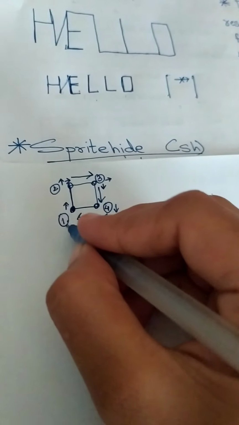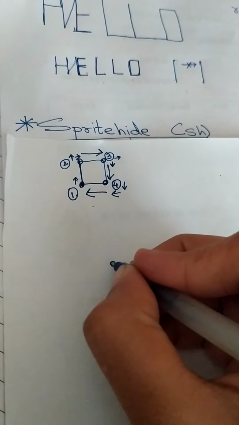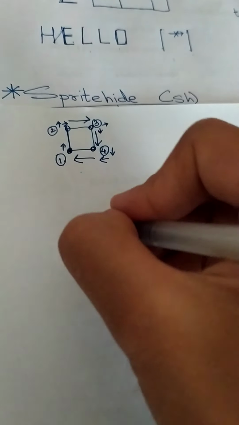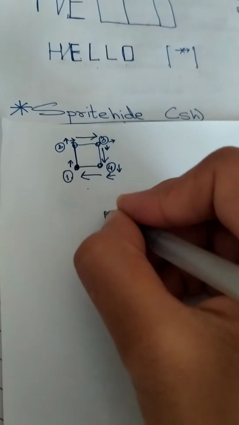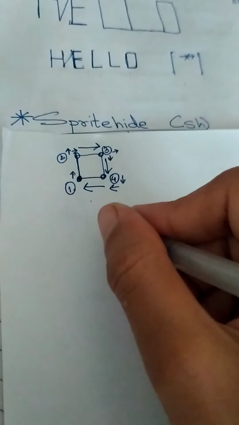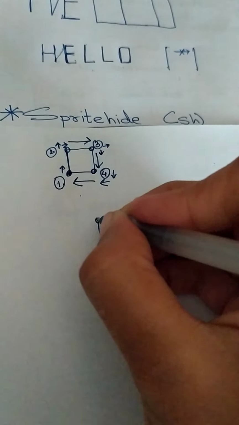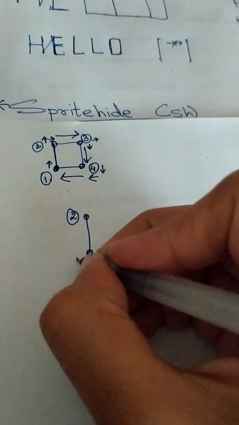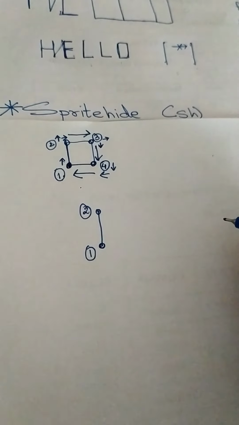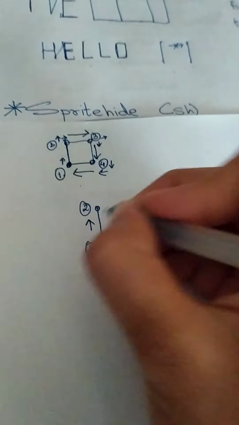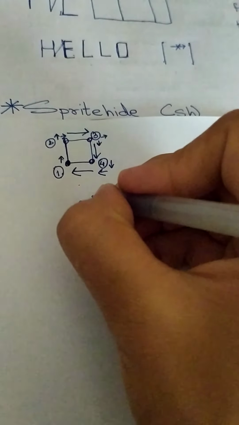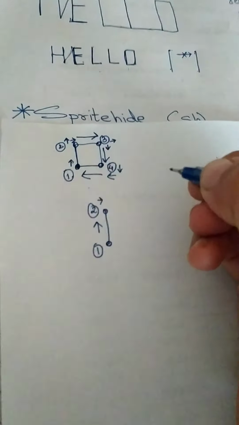Suppose the turtle is over here on its first position. We will move forward. Then over here, this is its second position. Then turn right.